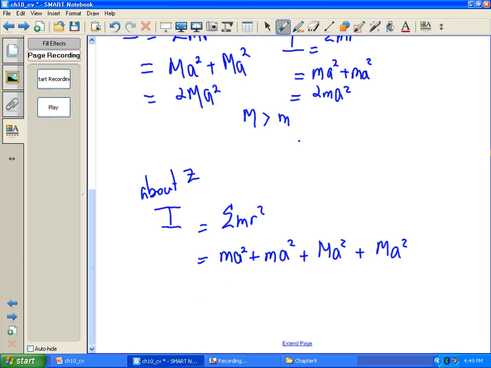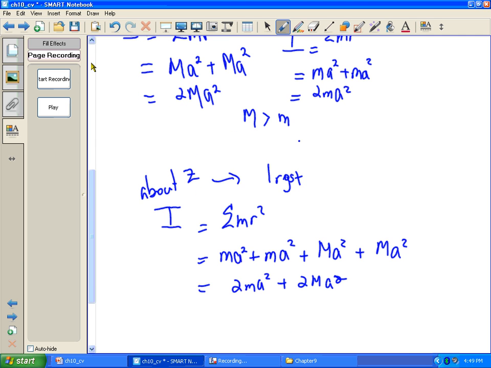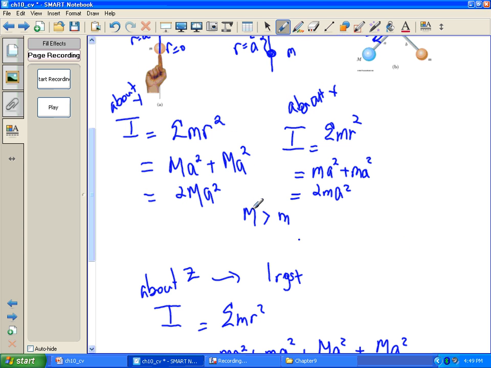And so we end up with 2 small m a squared plus 2 capital M a squared, making rotation about the z to have the largest value of moment of inertia, rotation about the x-axis having the smallest moment of inertia, because remember that lowercase m was a smaller quantity in mass.